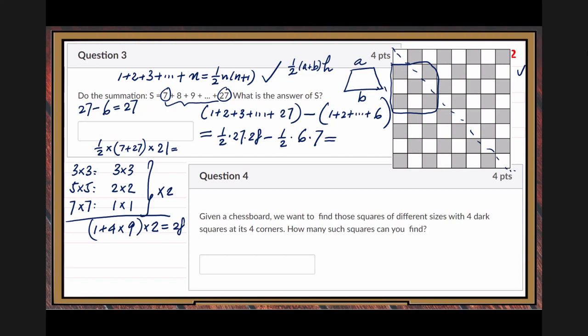Second, how to organize your data: 3 by 3, 5 by 5, 7 by 7, and mirror flip also. Then put those pieces together so you can get the right answer. Okay, all right. Next question.